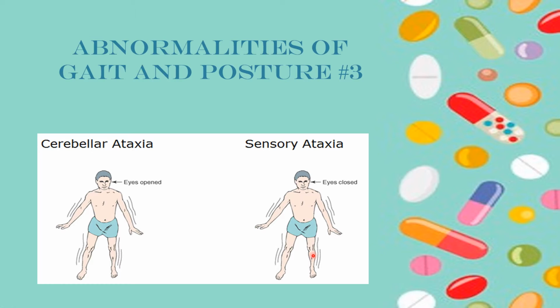They watch the ground for guidance when walking. With eyes closed, they cannot steadily walk with feet together. That's called a positive Romberg sign. And of course, the staggering gait worsens.